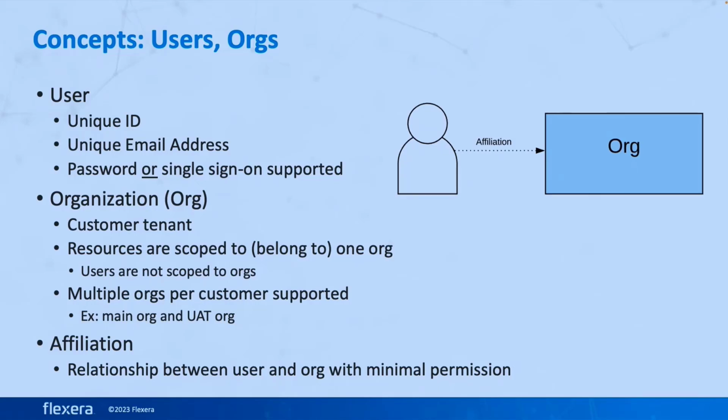That could be the creation of a user in real time, which we refer to as just-in-time provisioning. But it could also be the mapping of group membership. So I'm a member of Flexera admins in my Active Directory, and that translates, of course, to access within the platform. So we've got just-in-time provisioning and group sync.